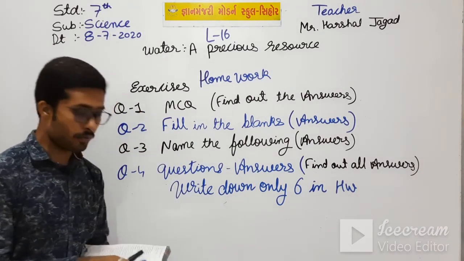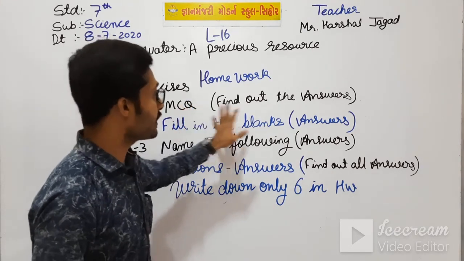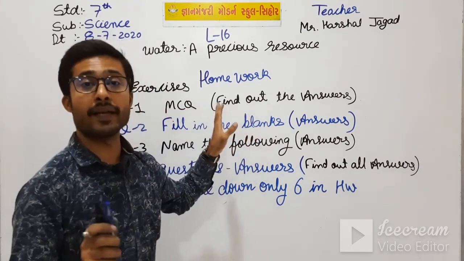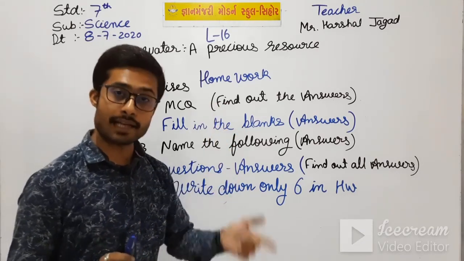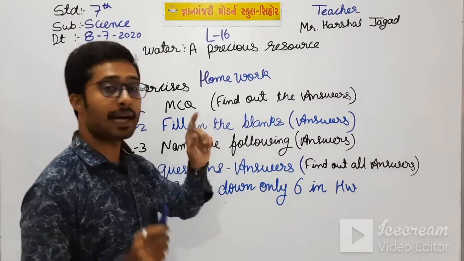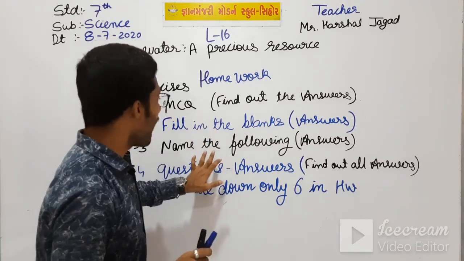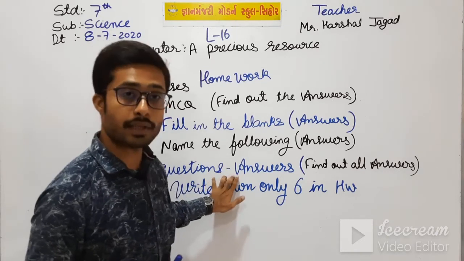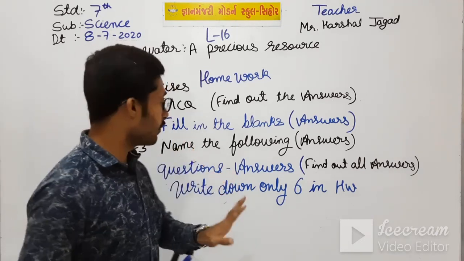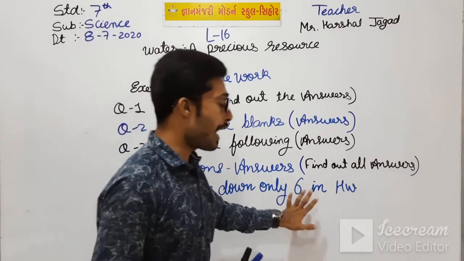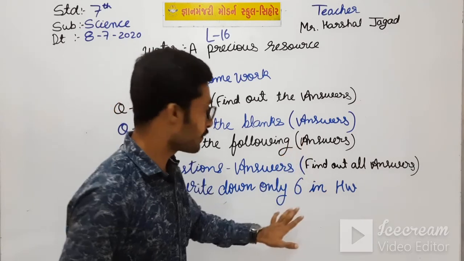You just have to find out all the answers of the MCQs. You don't have to submit them in your homework, just find out the answers. If you don't know, in the next video I am giving the answers. You just have to verify the MCQ, fill in the blanks, name the following, and also the question answers. You just have to write down any 6 of these answers and submit them in your respective groups.